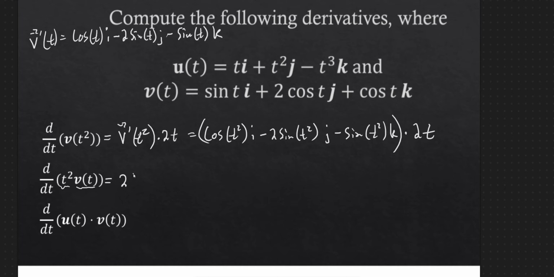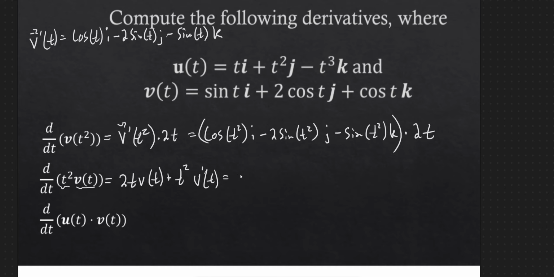So that's going to be 2t times v prime of t plus t squared times v, the first times the second. No, this should not be v prime. This should just be v times the derivative of the second, right? Like this. And so what do we get? 2t times this. So I'll bring my scalar through here.